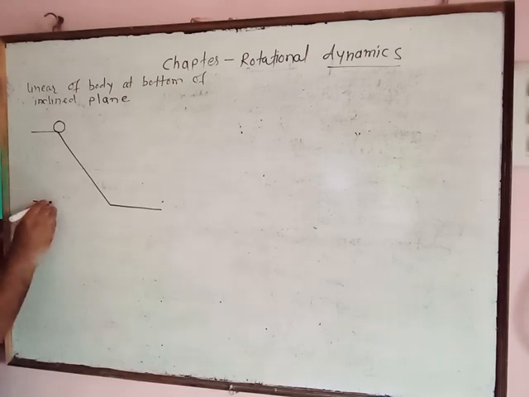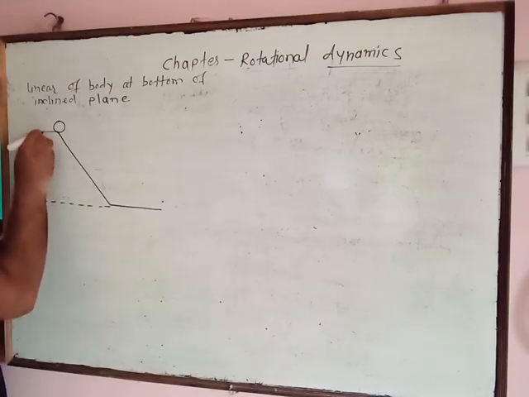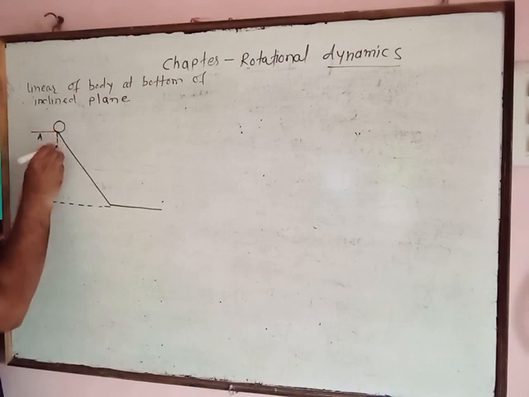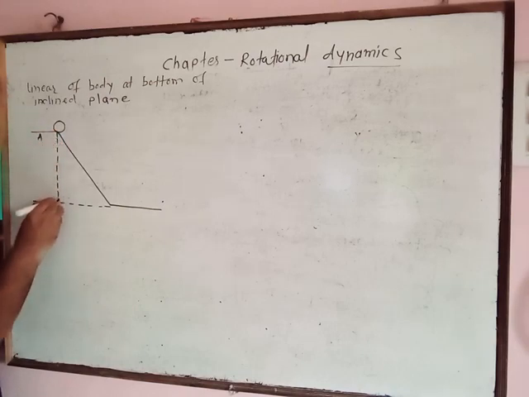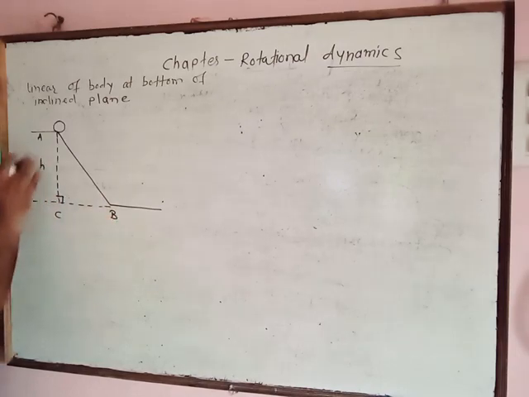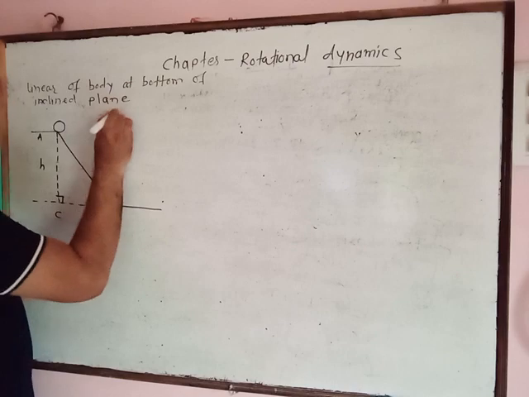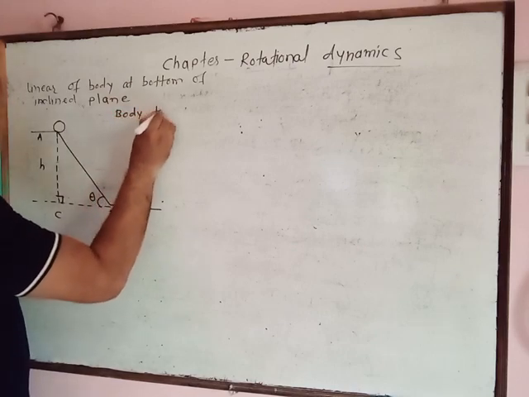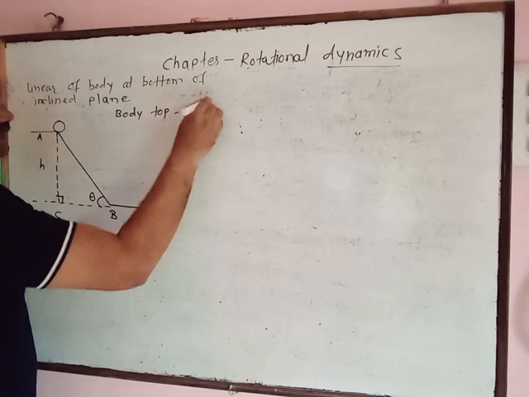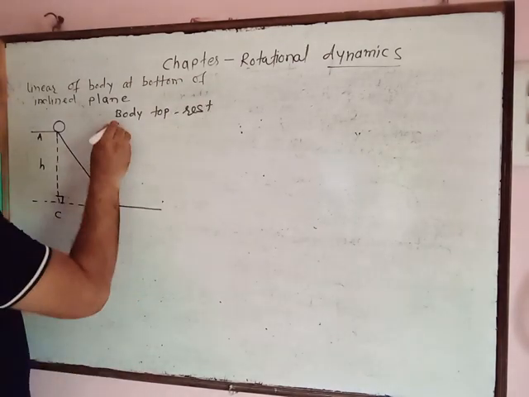Now let us consider h is the height of the top from the bottom, and suppose the measure of angle ABC is equal to theta. Before releasing this body at the top position, it is at rest, and therefore the body possesses potential energy.